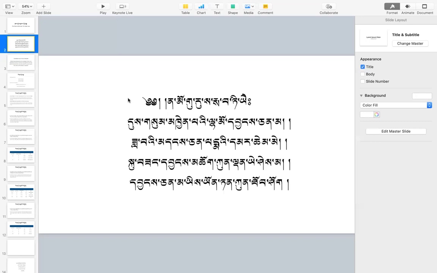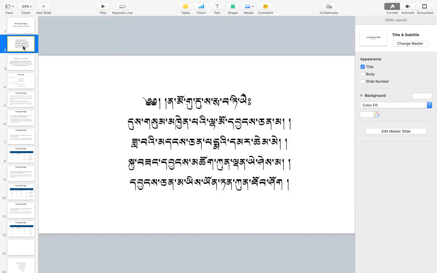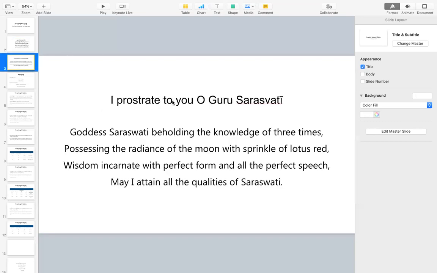So this particular verse that we have, the first line, Namo Guru Saraswati, means I prostrate to you, O Goddess, O Guru Saraswati.